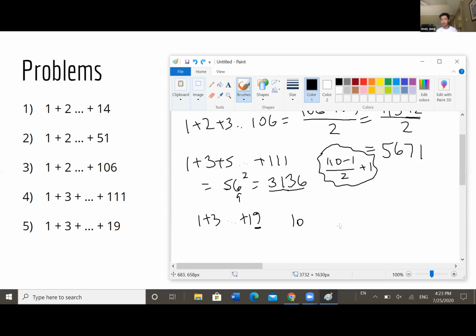So it helps you double check a bit. That's just something to know. So this has 10 terms in it. Again, this is 19 minus 1 over 2 plus 1, which is 10. So I square 10, and I get 100.